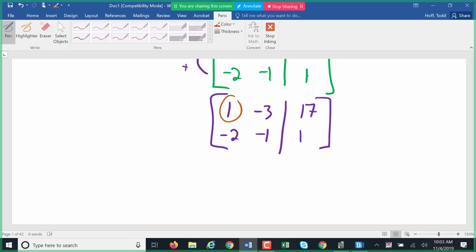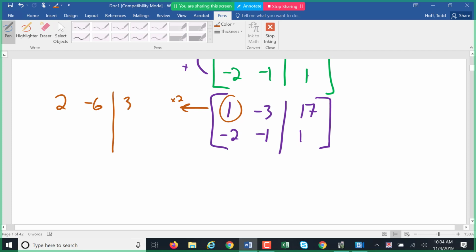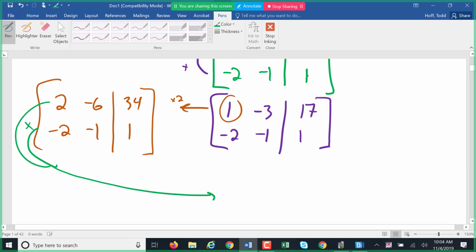Now there are a lot of times that we want to multiply a row by a certain number, but we want to keep the original form of the row. Like this top row, I want to multiply it by 2 right now to get 2, -6, and 34. And the reason I wanted that is because I'm going to come back and add those two rows together and replace the bottom row. 2 plus -2 is 0. -6 plus -1 is -7. 34 plus 1 is 35.